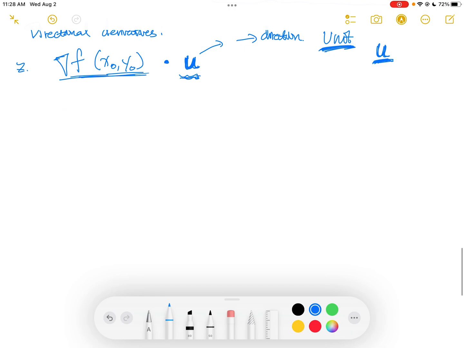Okay, so then this dot product would just be f of x and f of y, dot product, let's call this u of i and u of j, essentially the x and y lengths for the unit vector.